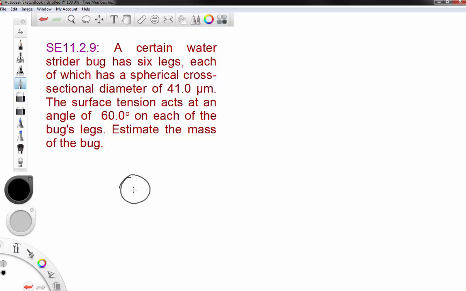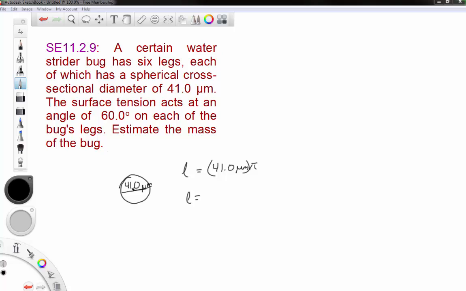The length over which this is acting is, here is our diameter, and this is 41.0 microns of diameter. And so the length here is 41.0 microns times pi. And we might want to convert this into meters. So length is basically going to be 41 times pi.